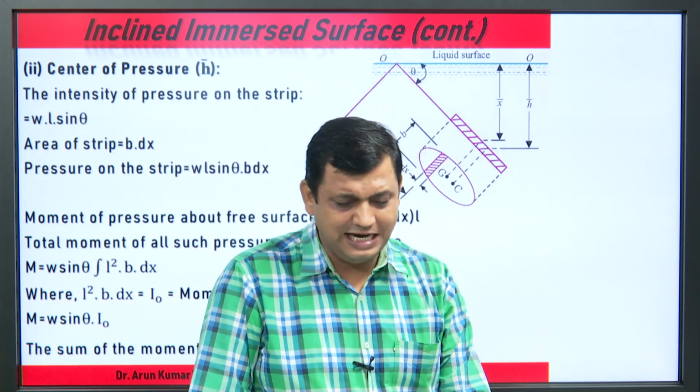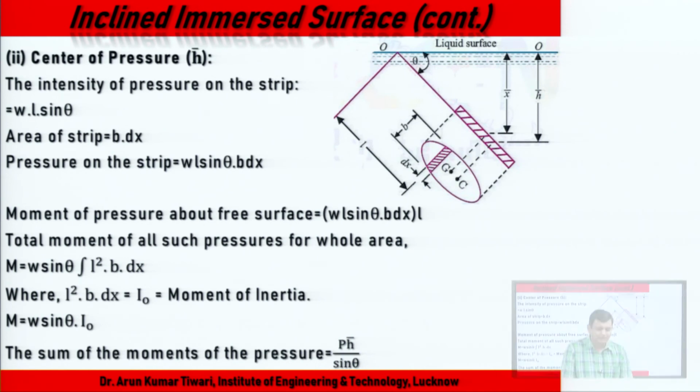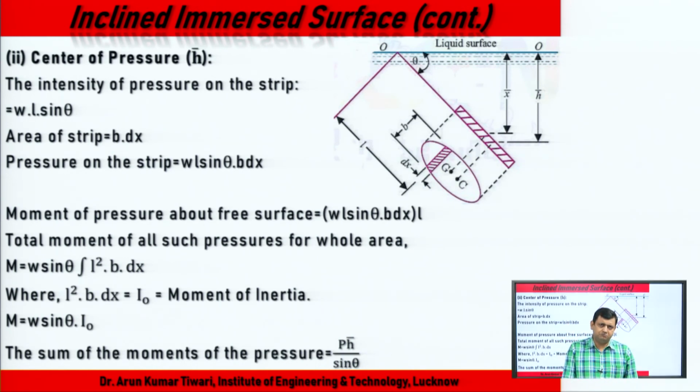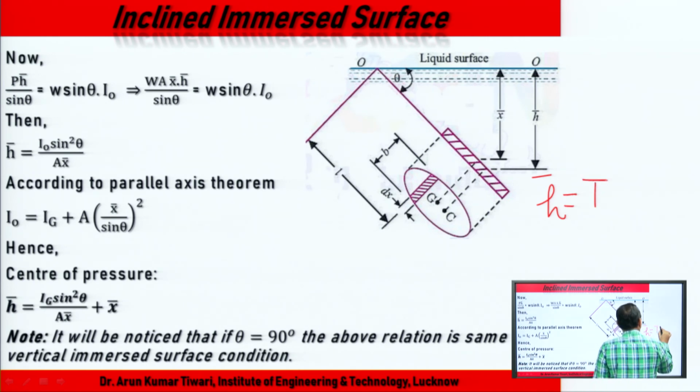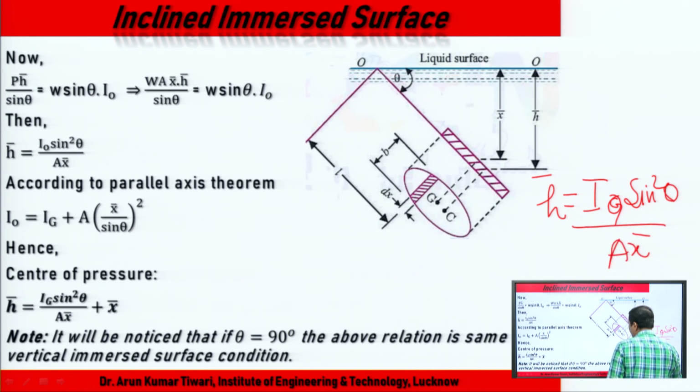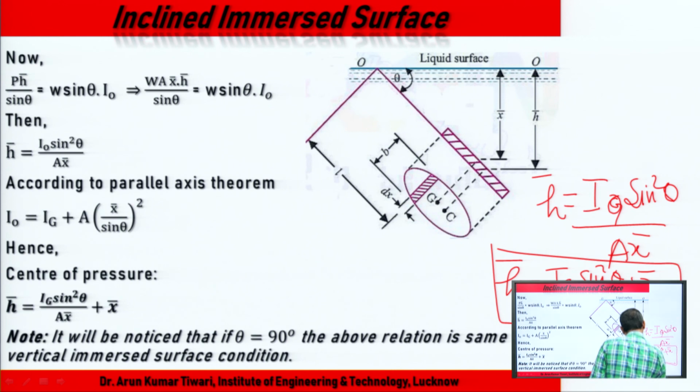If we calculate the center of pressure, h bar, it is similar. Using the parallel axis theorem, h bar becomes Ig sin squared theta upon A x bar, plus x bar. The pattern and method are similar in all the cases.